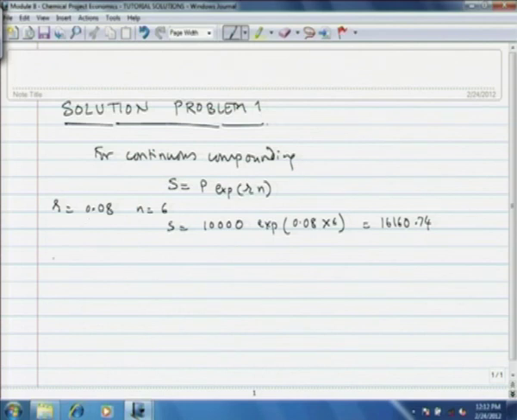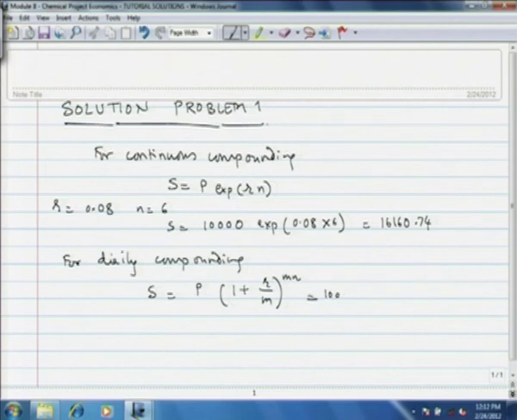Now, let us see daily compounding. Here the formula that we are going to use is S is equal to P into (1 plus R by M) to the power M into N, where R is the interest rate, M is the compounding period and M into N is the total compounding periods. Now, we have to substitute various values.